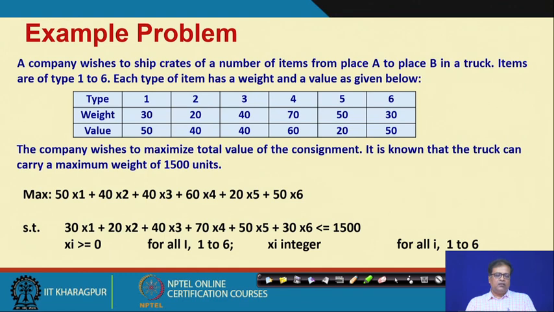So, 30 x1 etc. should be less than equal to 1500 and the xi should be greater than equal to 0. We have already seen how to model such problems in the form of an integer programming problem.